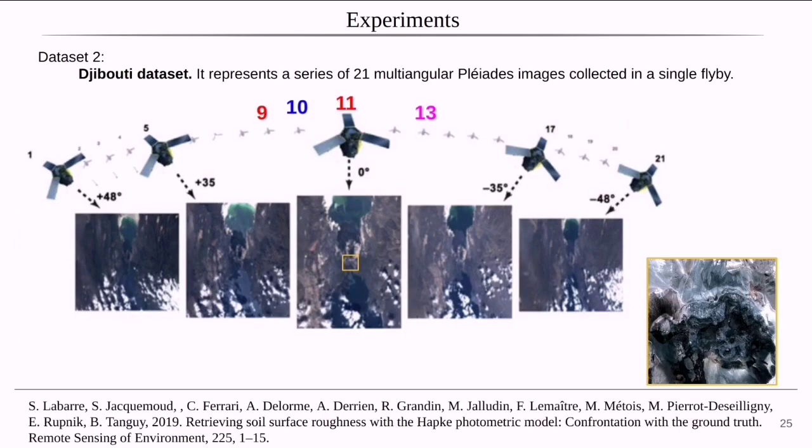The second dataset is the Djibouti dataset. It represents a series of 21 multi-angular Pleiades images collected in a single flyby. We choose the 9th and the 11th images for training and the 10th for testing, and we use the cropped patch located in the center.